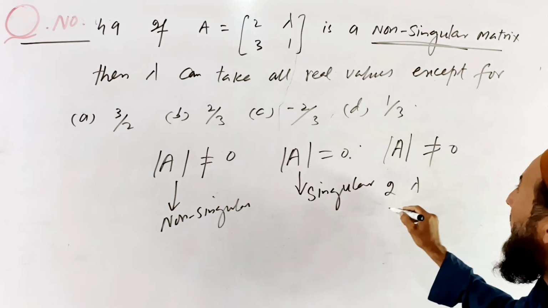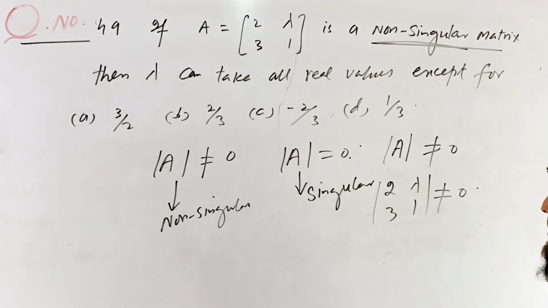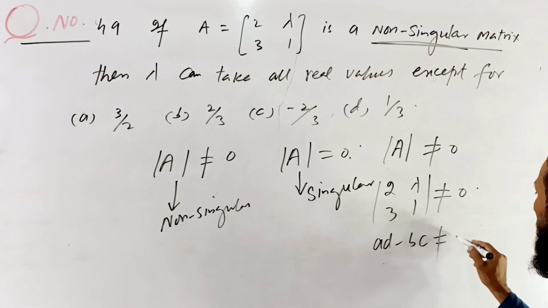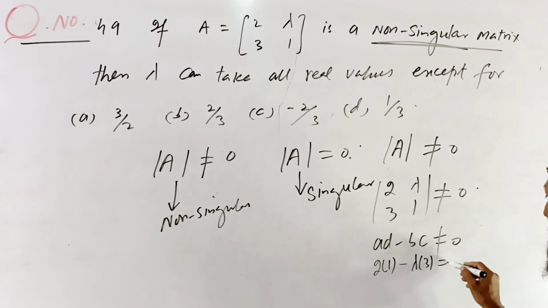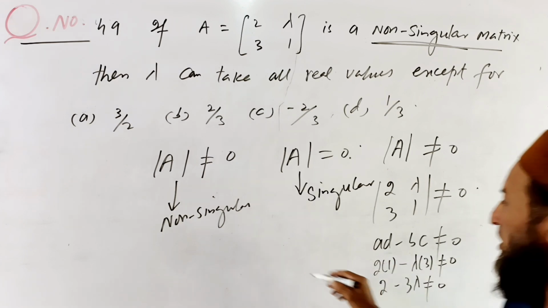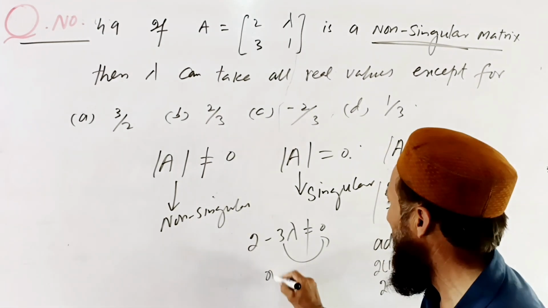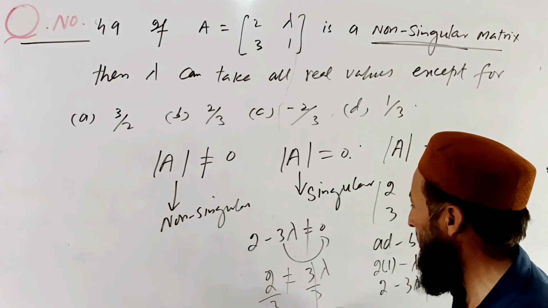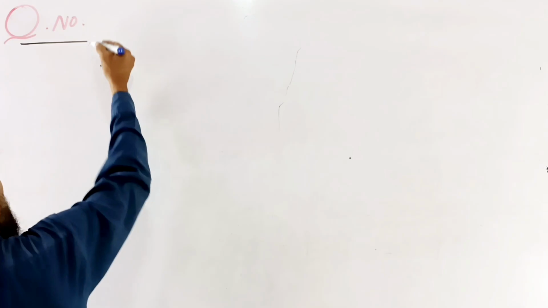For a singular matrix the determinant is 0, and for a non-singular matrix it is not equal to 0. So we find the determinant of the matrix 2, lambda, 3, 1, and it is not equal to 0. According to the formula ad minus bc not equal to 0, here 2 into 1 minus lambda into 3. So 2 minus 3 lambda is not equal to 0. So 2 is not equal to 3 lambda. Dividing both sides by 3, the result is 2/3. So 2/3 is the correct answer.